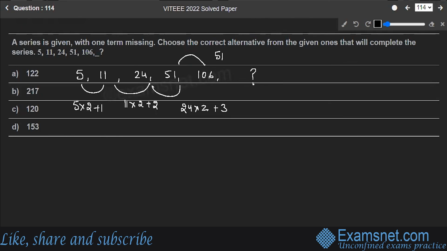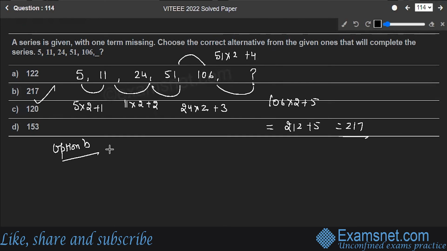Here is 51 multiplied by 2 plus 4. So the next one has to be 106 multiplied by 2 plus 5, which is 212 plus 5, which is 217. That makes option B the answer for the question.